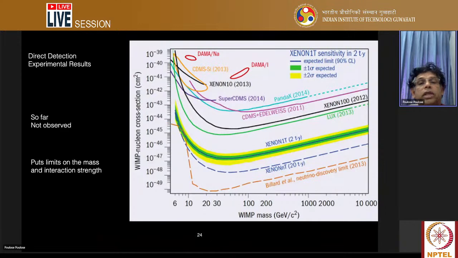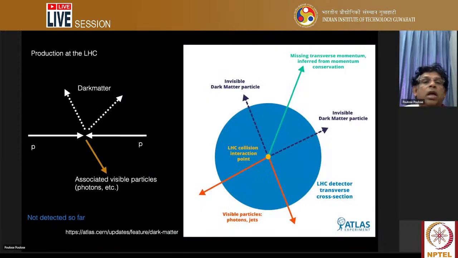And if we have not seen it yet, therefore the probability for that thing to happen should be smaller than this. Basically we have not seen anything, but that puts a limit on its properties, like the cross section, what we call the interaction strength, which should be smaller than a certain amount that can be precisely calculated from the experiment.